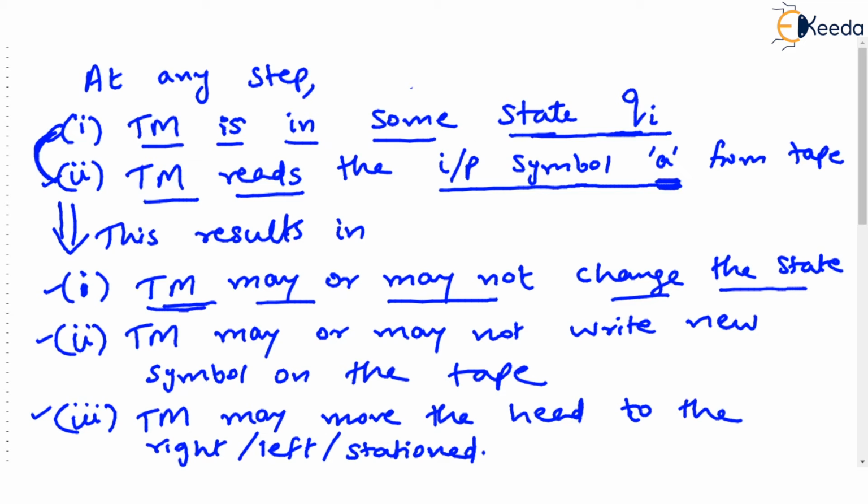The second thing is, Turing machine may or may not write a new symbol on the tape. That means suppose it has just now read A as the input in the state Q0.